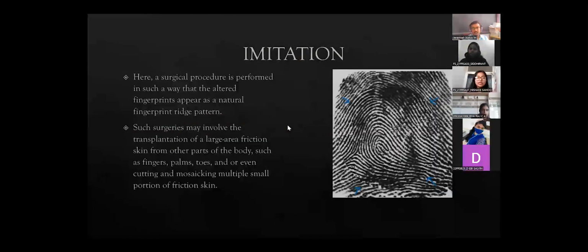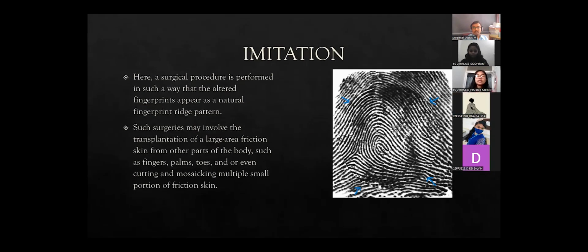Third, we talk about imitation. Here, a surgical procedure is performed in such a way that the altered fingerprints appear as a natural fingerprint ridge pattern. Such surgeries may involve the transplantation of a large area of friction skin from other parts of the body, such as fingers, palms, toes, or even cutting or mosaicing multiple small portions of the friction skin.